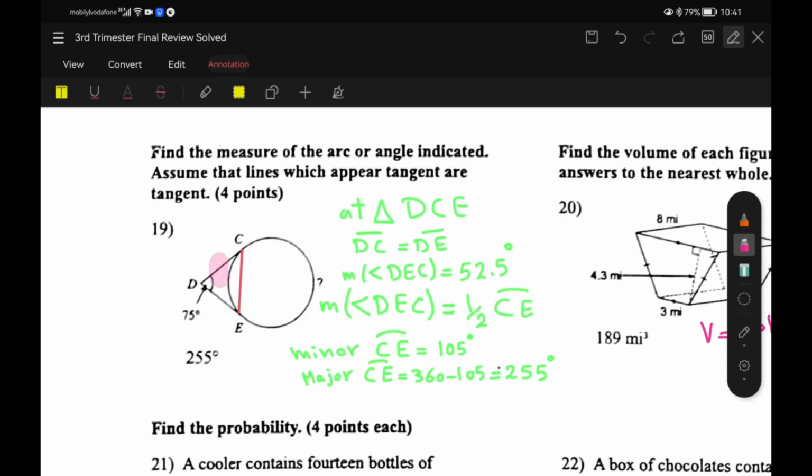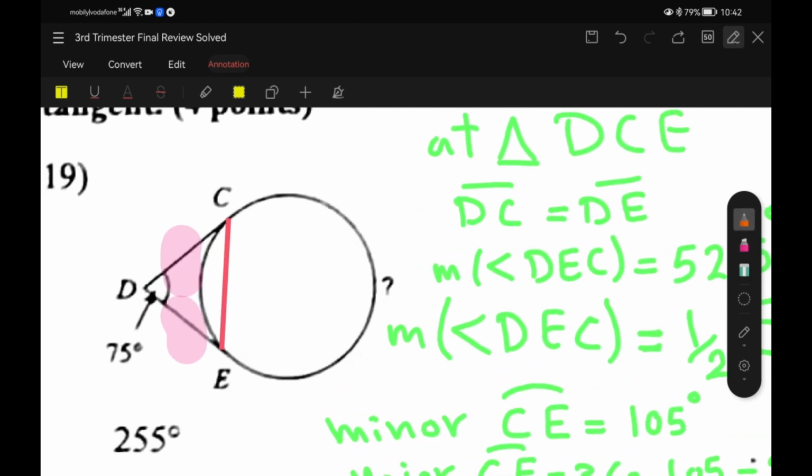That means the angle DCE is equal in measure to DEC. Anyway, we are talking about the angle between the radius, the chord and the tangent. We are going to call it the tangency angle. The tangency angle must equal half of its arc.